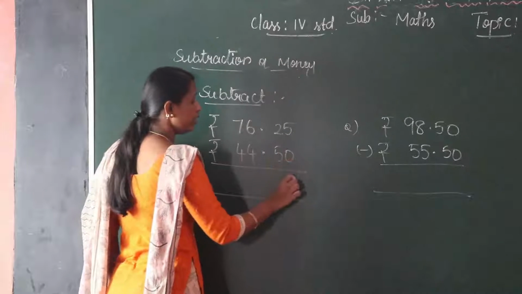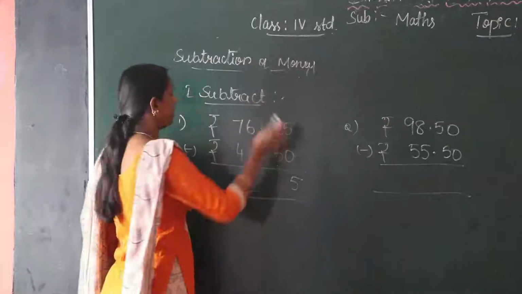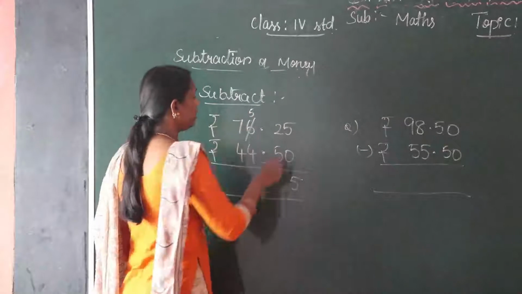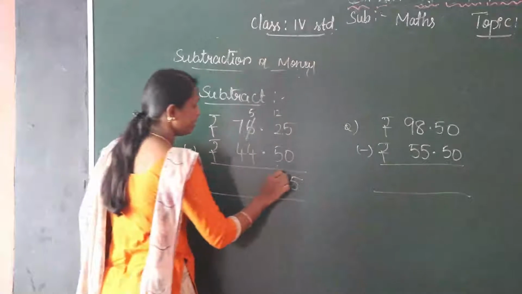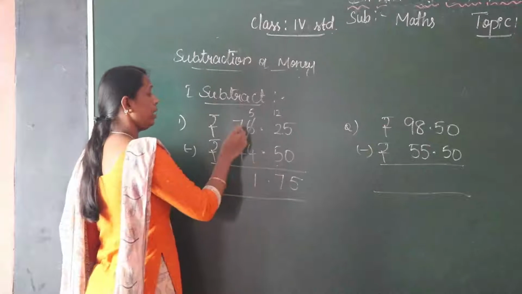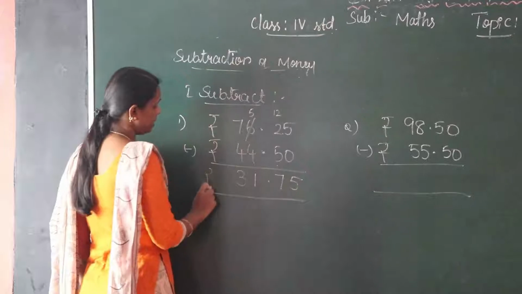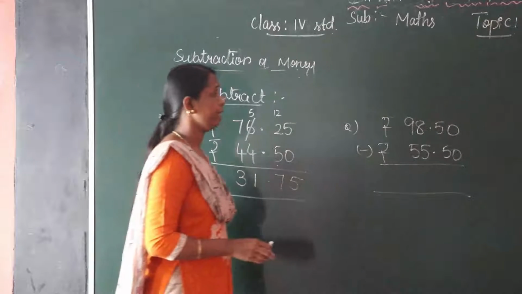5 minus 0, 5. 2 minus 5 is not possible. Take borrow from the nearest place. This 6 becomes 5, this 2 becomes 12. 12 minus 5, 7. This 5 minus 4, 1. 7 minus 4, 3. The answer is rupees 31.75 paise.